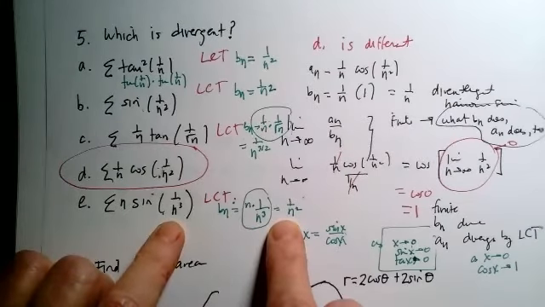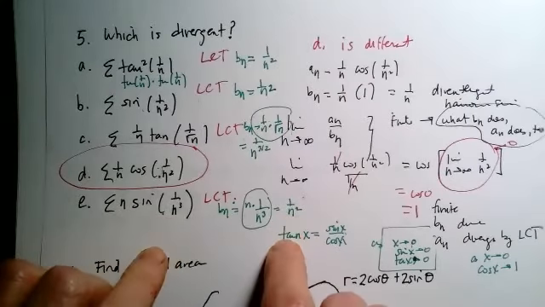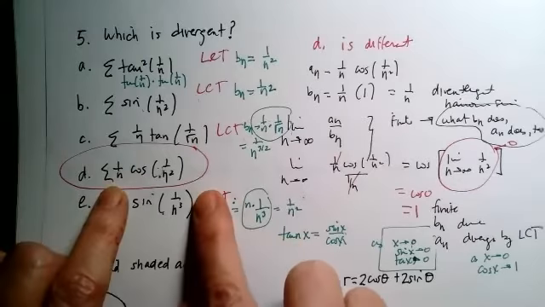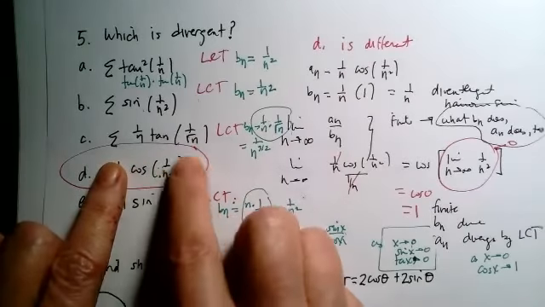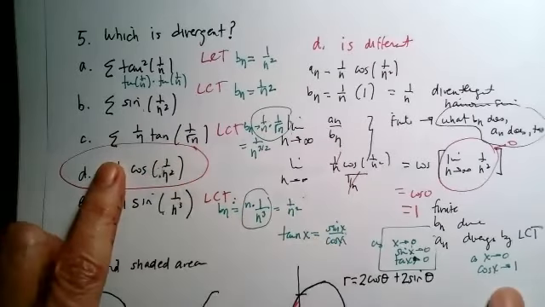We have to keep this one because I know that as n goes to infinity, the cosine of 1 over n squared will go to 1 because of this.